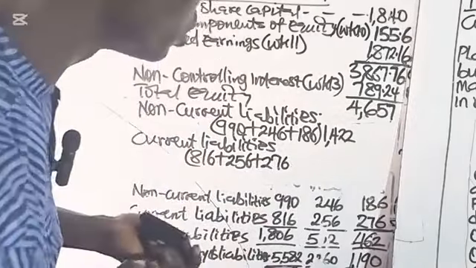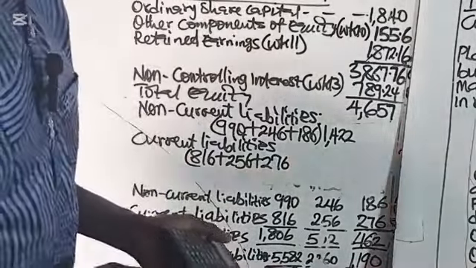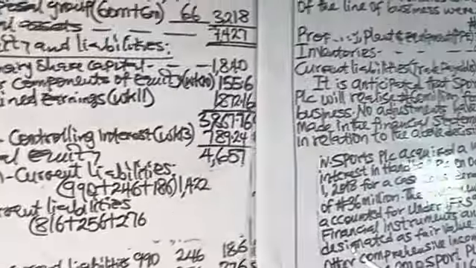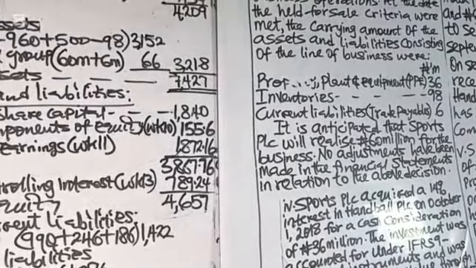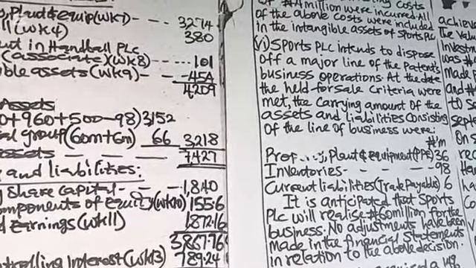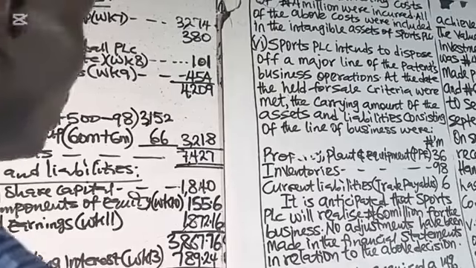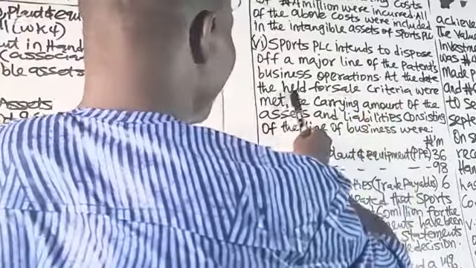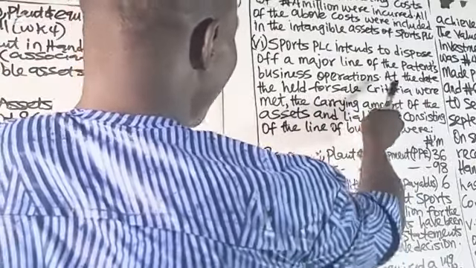Then go through note 6, disposal group, in accordance with IFRS number 5. The held for sale criteria were met.